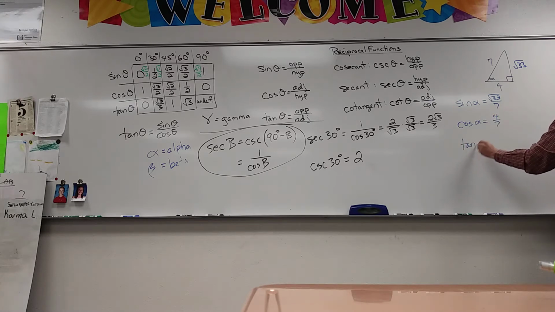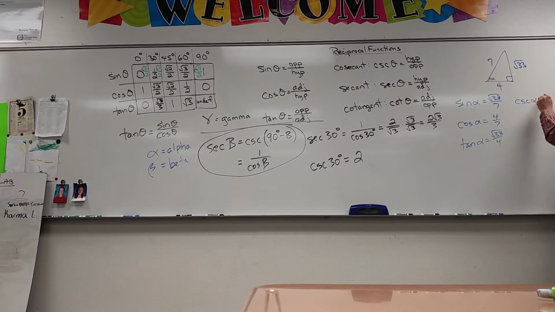The tangent of alpha is square root of 33 over 4. The cosecant of alpha is 7 over the square root of 33, the reciprocal of that. But we have to rationalize with root 33. So that would give us 7 root 33 over 33.